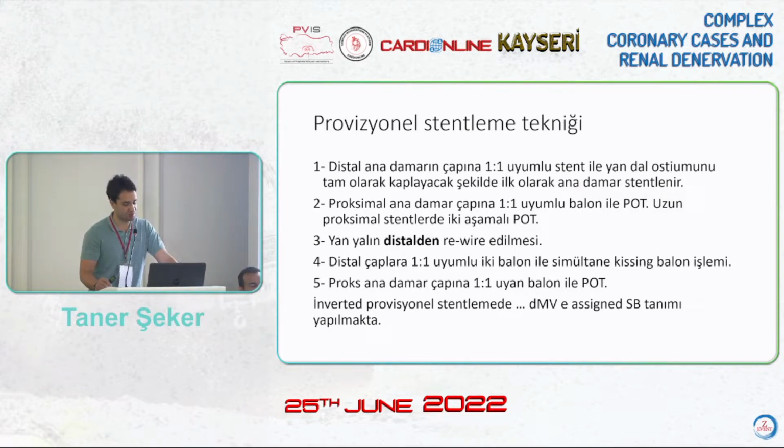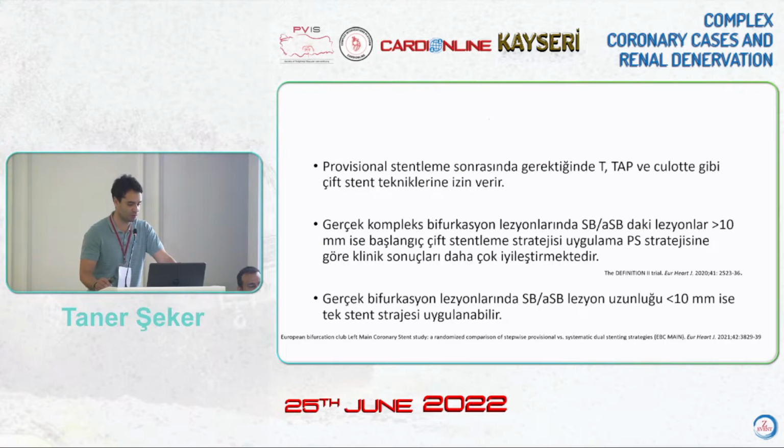Rewiring is recommended from the distal cell of the side branch, and a final kissing is the completion step. Then, when there is any unwanted angiographic result or dissection, T-stenting or culotte is also recommended after the provisional stenting.